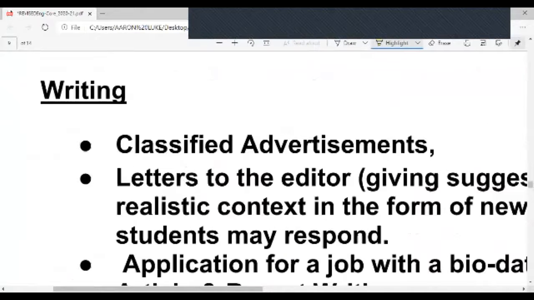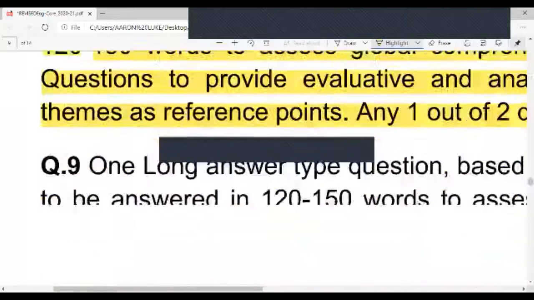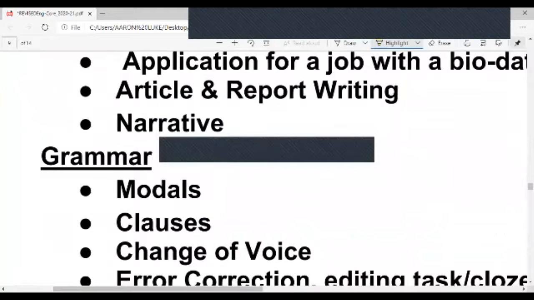These writing components are deleted with effect from last academic year because of COVID-19. You need not concentrate on those things.